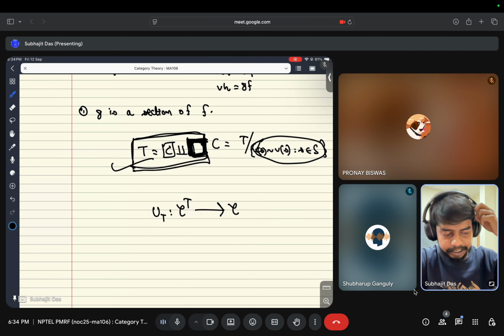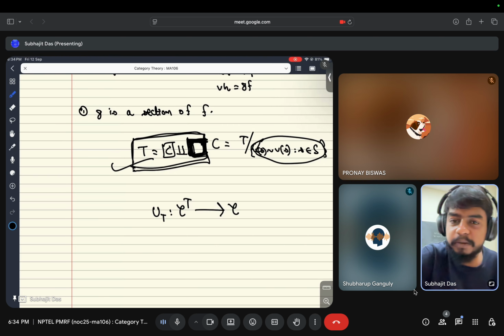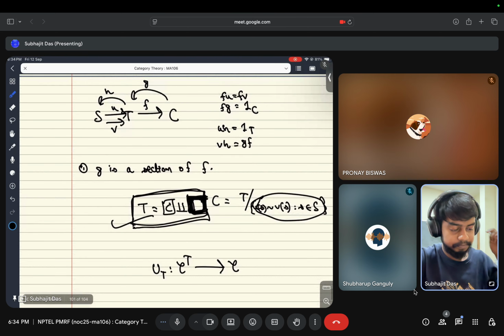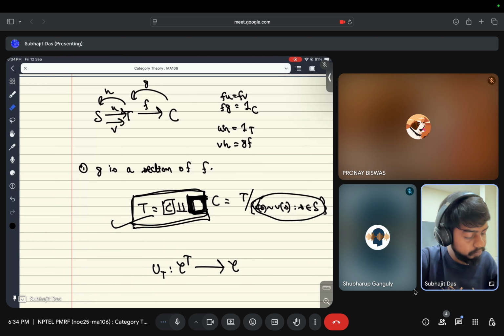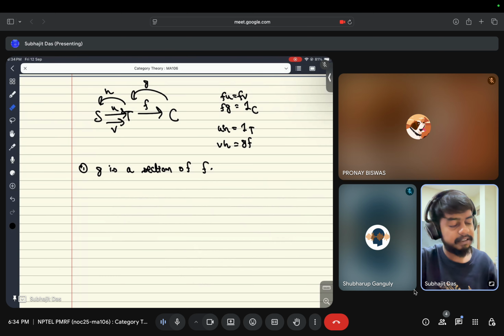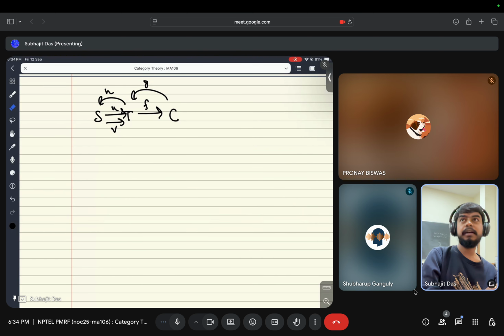Yeah, I don't really know anything else about this. Maybe if something comes to my mind, I'll tell you in due course. These are of course important conditions, but no one will say that a split co-equalizer is more important than a co-equalizer.